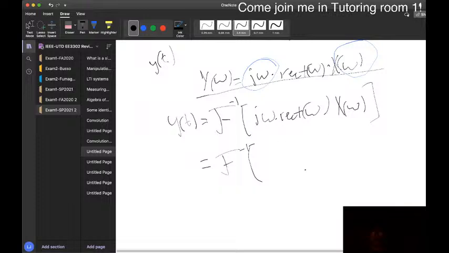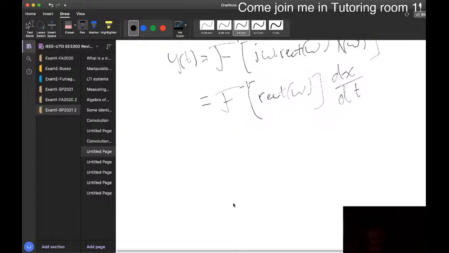Rectangle omega times dx over d omega. Because if we take these two and take the inverse, then we get the derivative of our time domain signal, because remember that frequency differentiation property.